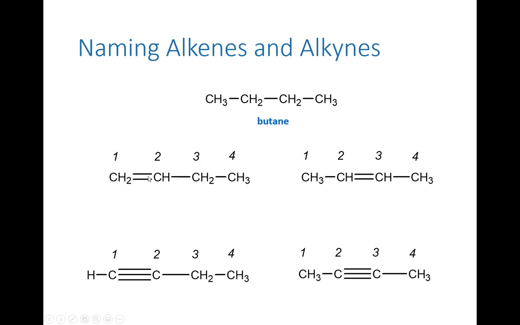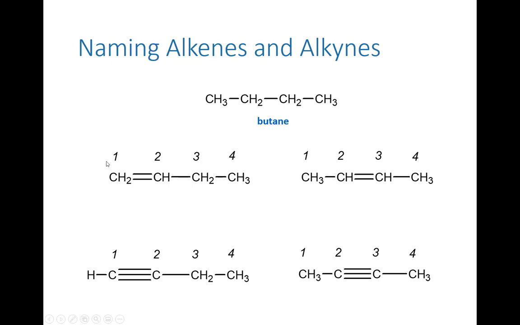The numbering is through those 4 carbons. We're going to number it in such a way that we begin the alkene as low a number as possible. So in other words, I want to number this so that the alkene starts on number 1. If I numbered the other way, 1, 2, it would begin on carbon number 3. So we want to number this way.